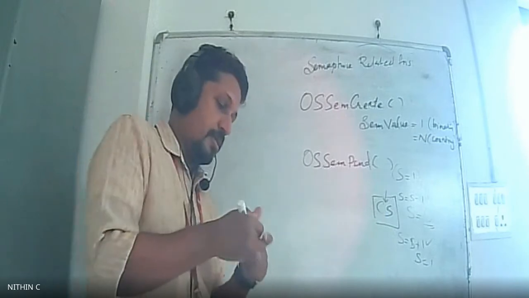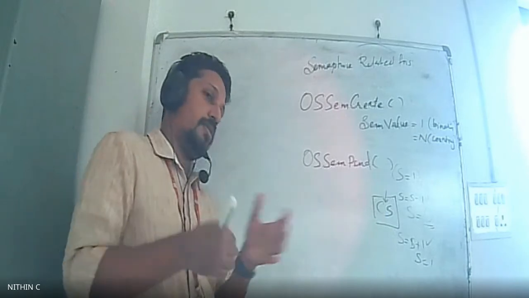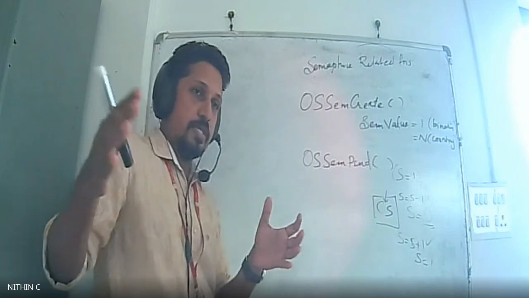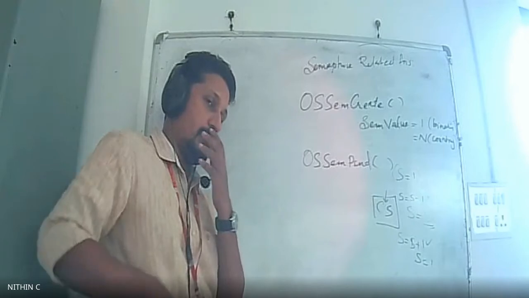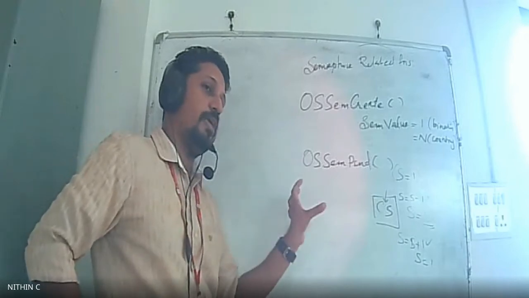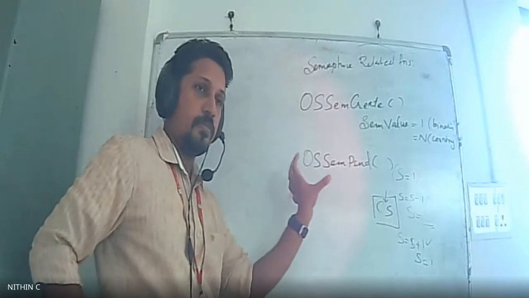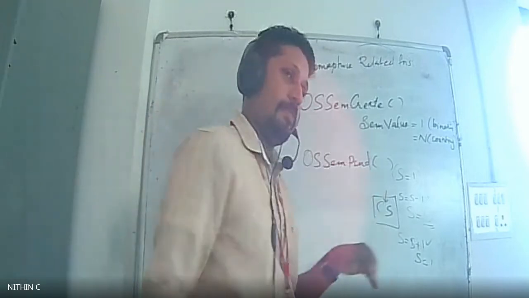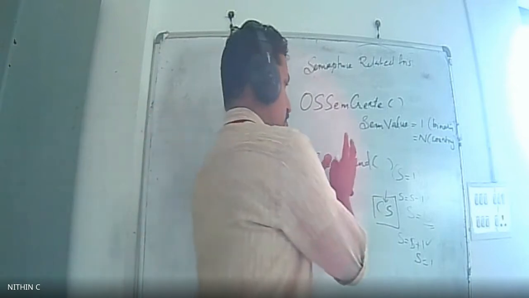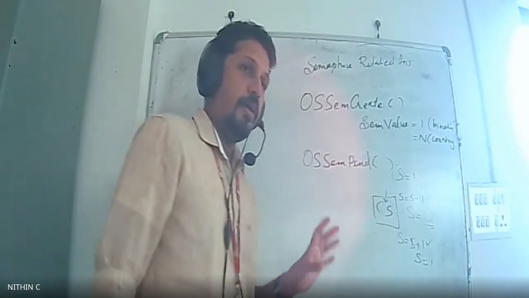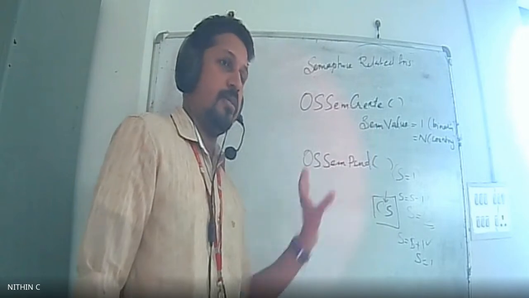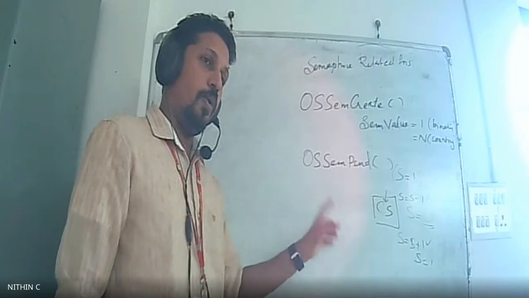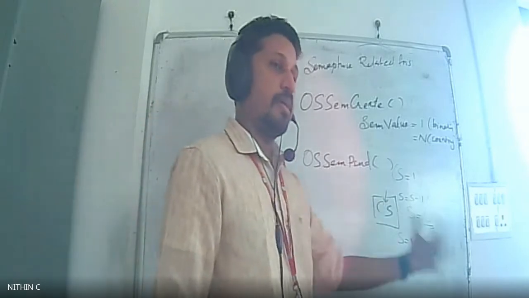So in that sense, suppose one process is in the execution state; you need to set the other processes aside, so you keep them in the pending state. Okay. The task which uses the OSMPend function will be able to access the resource or critical section, whatever it be, only when the semaphore is released.